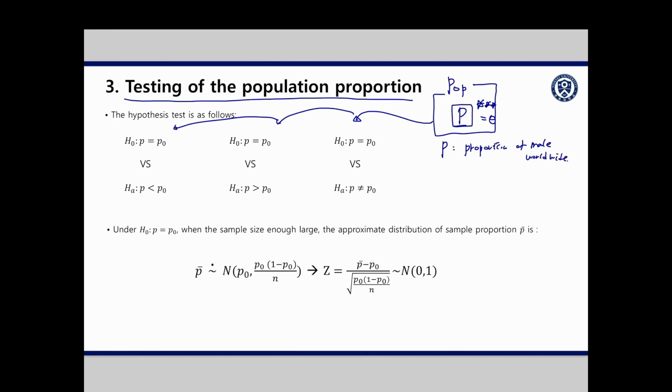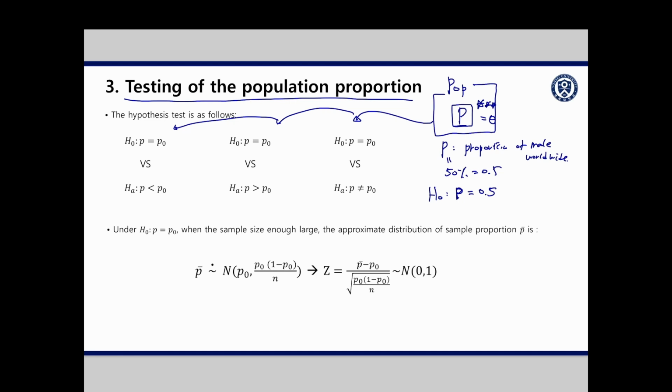Okay, so we claim maybe 50%. Okay, that is 0.25. In this case, the null hypothesis is that the population proportion equals 0.5.